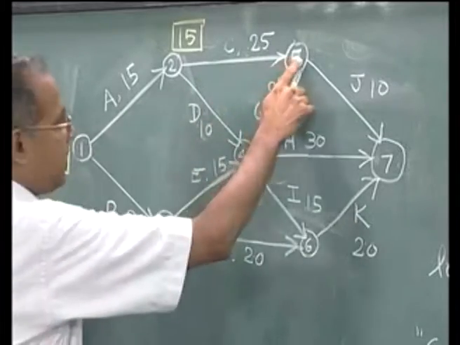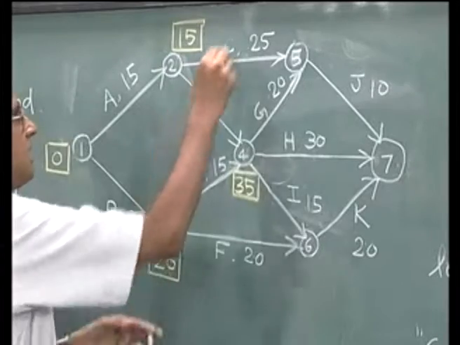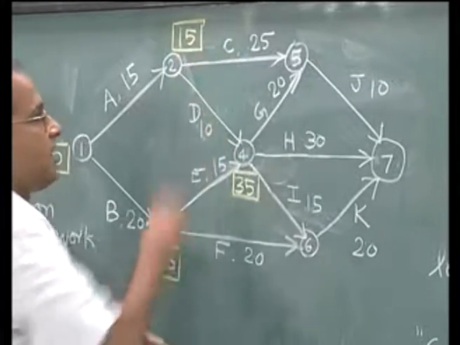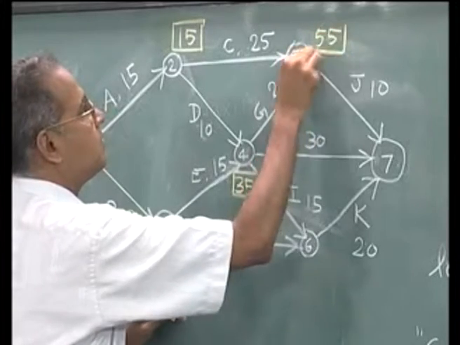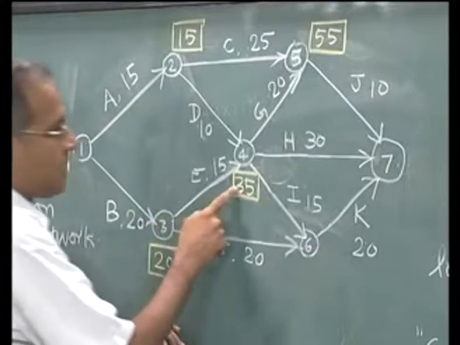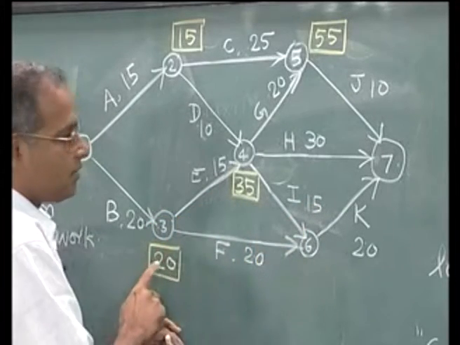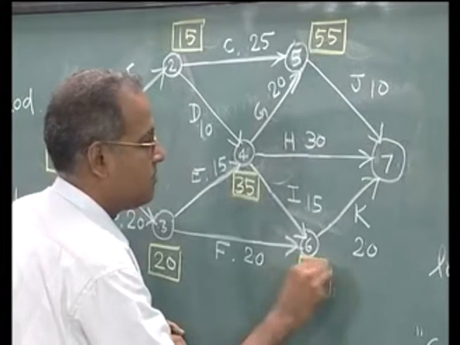Now, when we come to 5, this indicates the completion of both C and G. So, it is 15 plus 25, 40, and 35 plus 20, 55. The maximum of that is 55. Similarly, 35 plus 15 is 50, 20 plus 20 is 40, the maximum is 50.